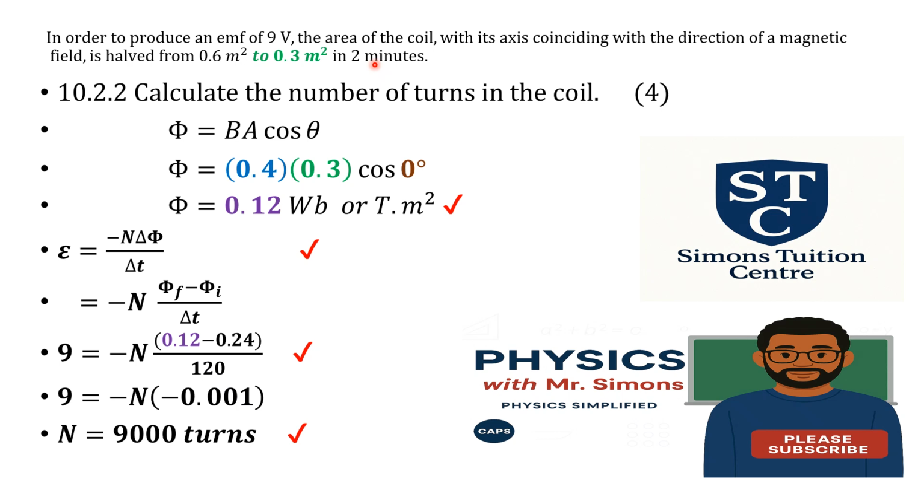So 2 minutes, 2 times 60 gives me 120. We simplify that, and I have negative 0.001. 9 divided by that gives me 9,000 turns. So 1 mark there for calculating my new change in magnetic flux, then the correct formula, correct substitution, correct answer.